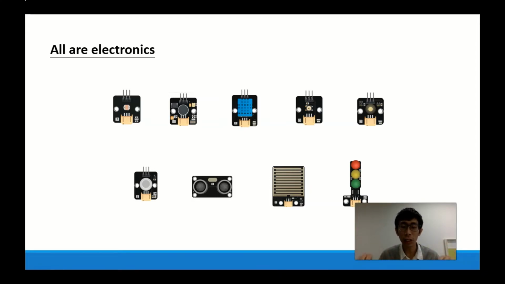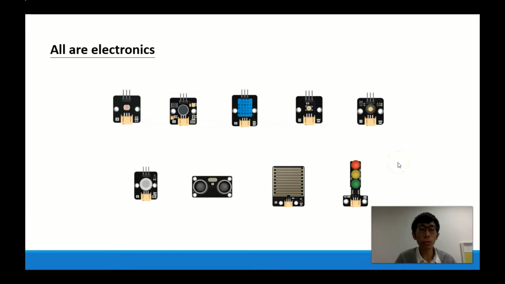I hope this video covers all levels, but I will try to cover the more important knowledge and concepts, especially for the smartphone kit set. They are all electronics, but do you know what the different things are, how to connect them with each other, and how to play with micro:bit?